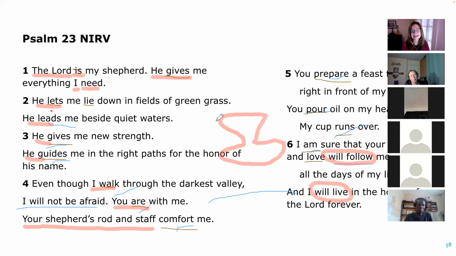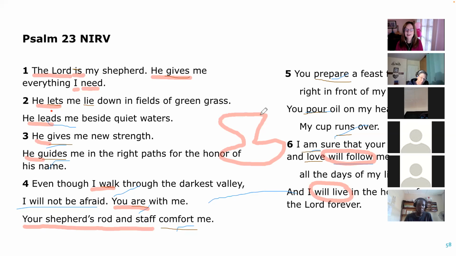So an hourglass, it's wide at the top. So we can start out our conversation about a Bible verse in a very big way. Starting out, the Lord is my shepherd, and saying, what does that mean? What does it mean? The Lord is my shepherd. What does a shepherd do for his sheep?